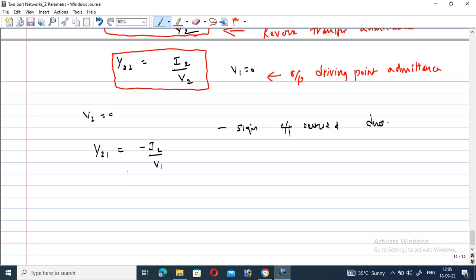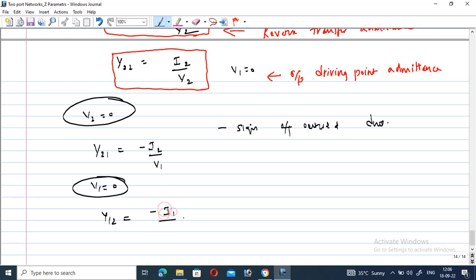As well as, if port 1 V1 is equal to 0, what happens when V1 is equal to 0? When V1 is equal to 0, you can get y12 is equal to minus I1 by V2.